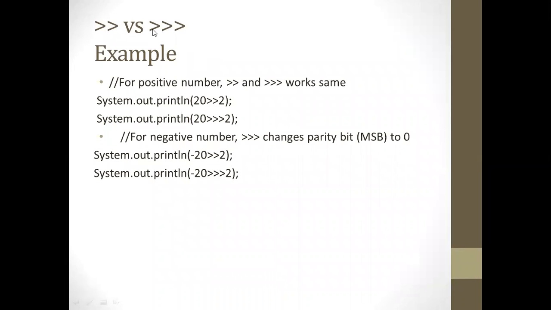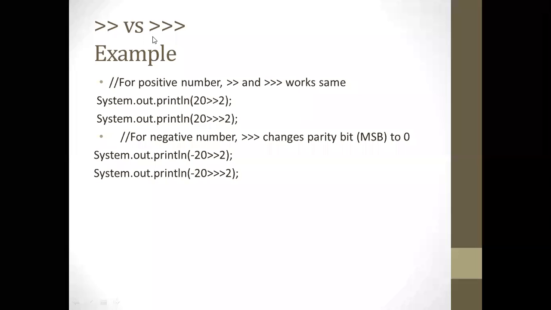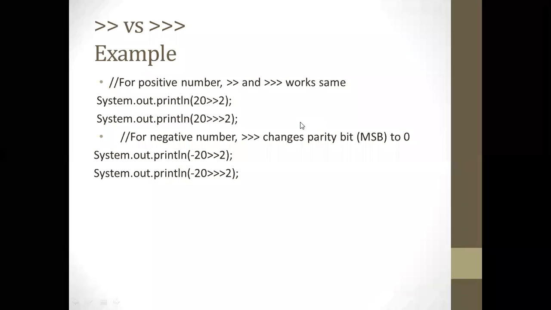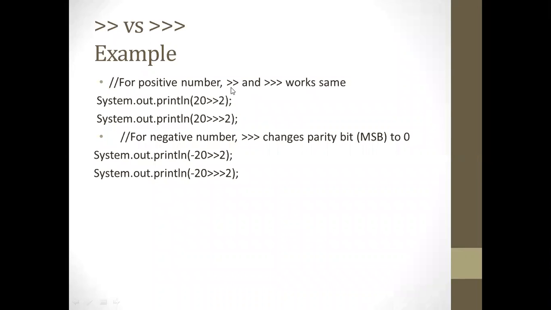Many times you have used this operator, but in Java we have one more type of shift operator, as you can see over here. There is a third type of shift operator that we use. When we use this operator with a positive number, it works the same as the right shift.